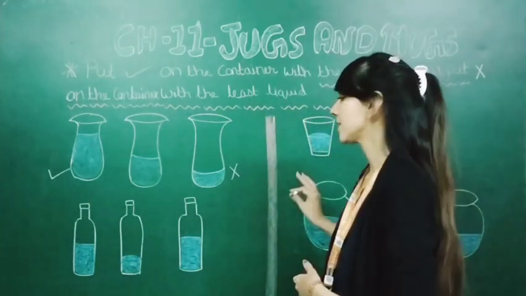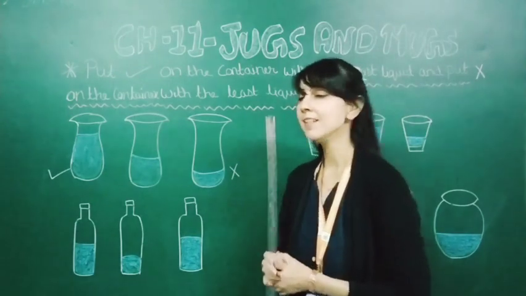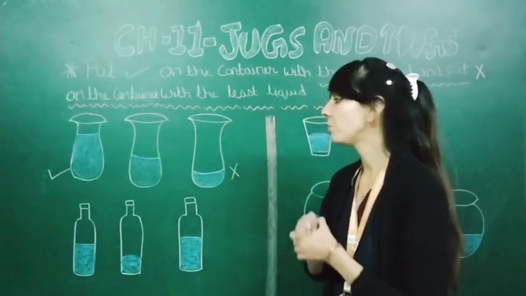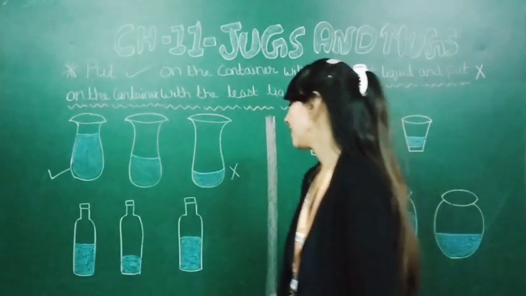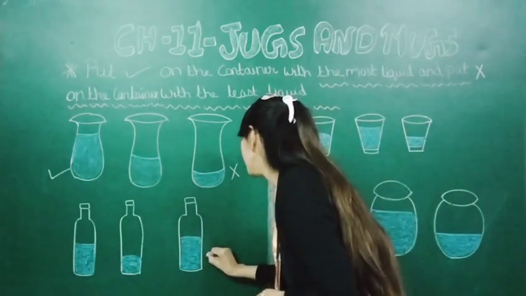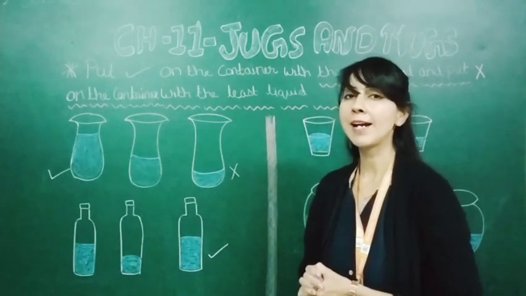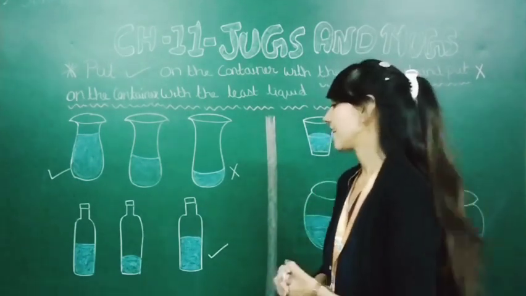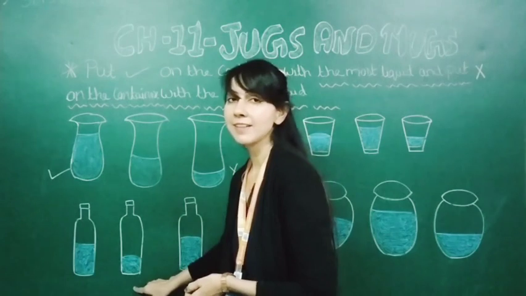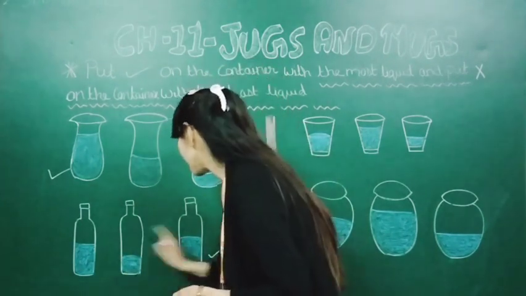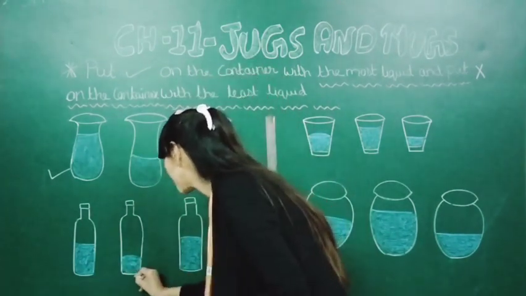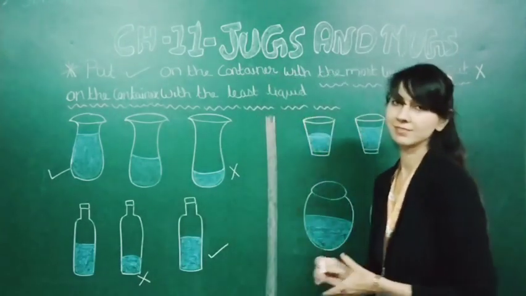Now here you can see some bottles. In which bottle can you find the most liquid? Yes, in this bottle, so here we will put a tick. And in which bottle can you find the least liquid? Yes, the bottle that is in between these two bottles, so here we will put a cross.